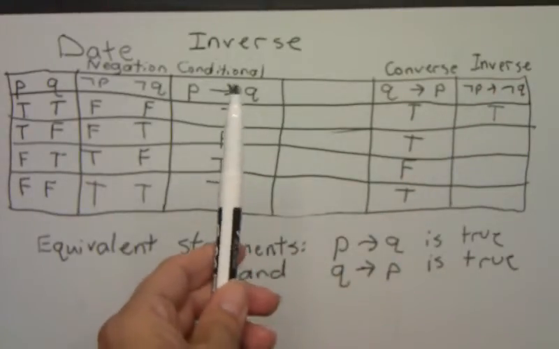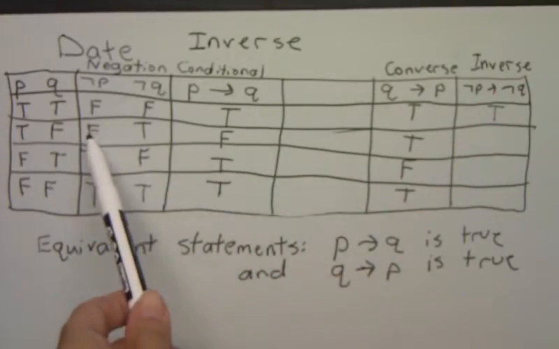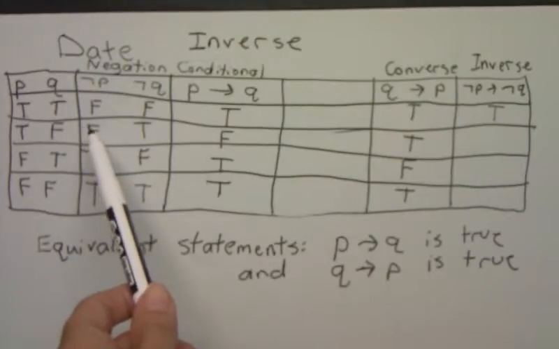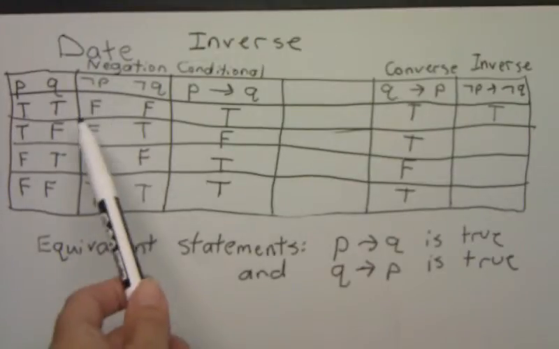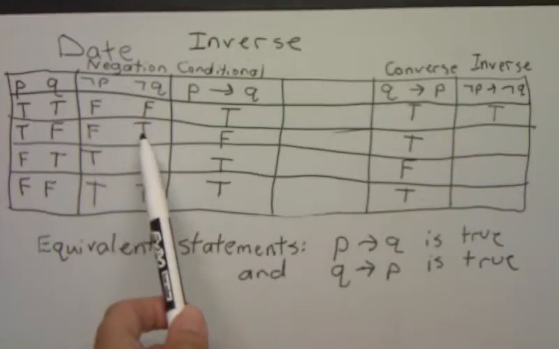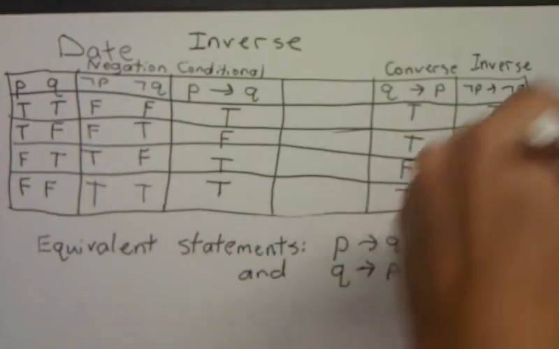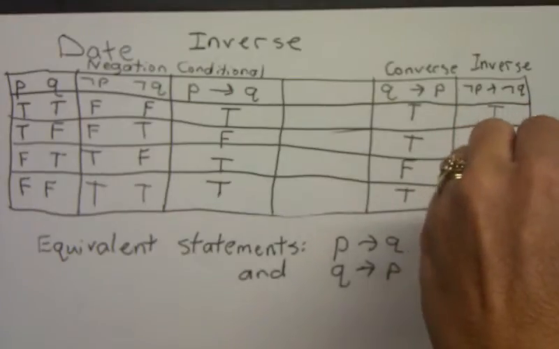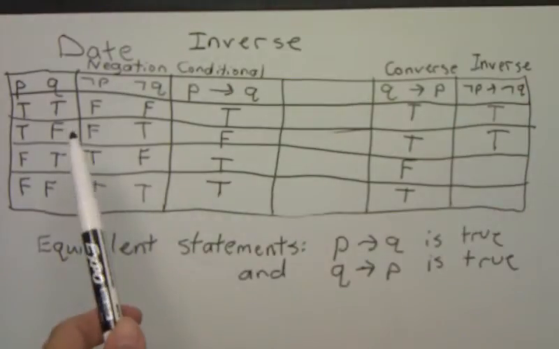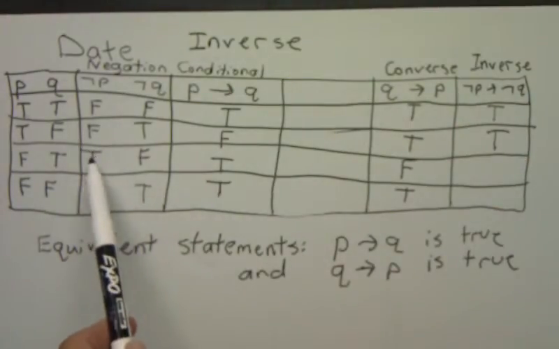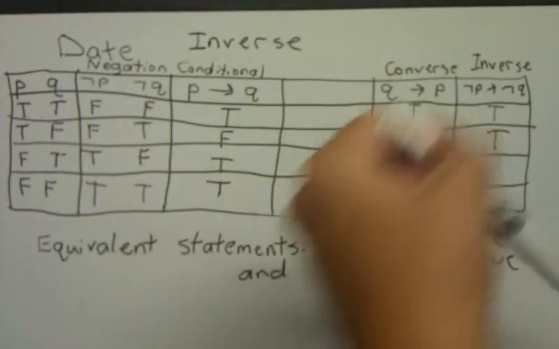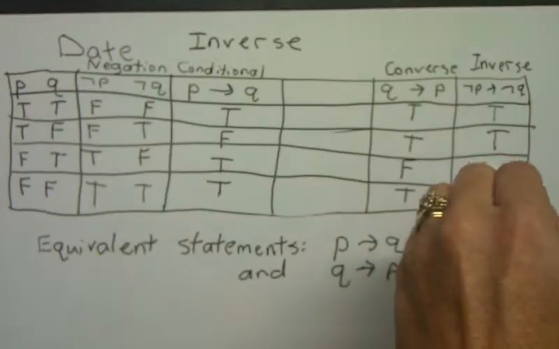Inverse says if negate P is false and negate Q is true, this is going to be a true statement. It says if negate P is true and negate Q is false, this is going to be a false statement.